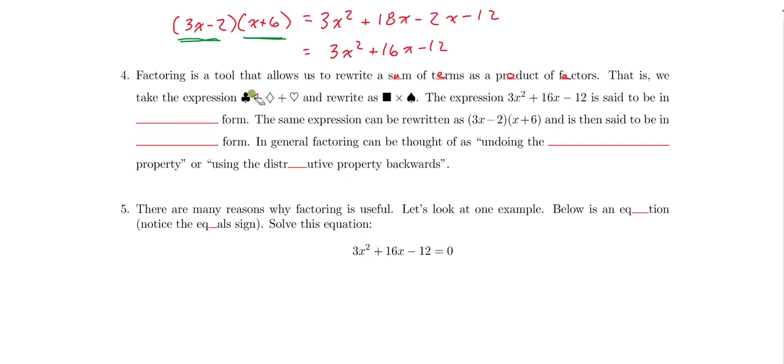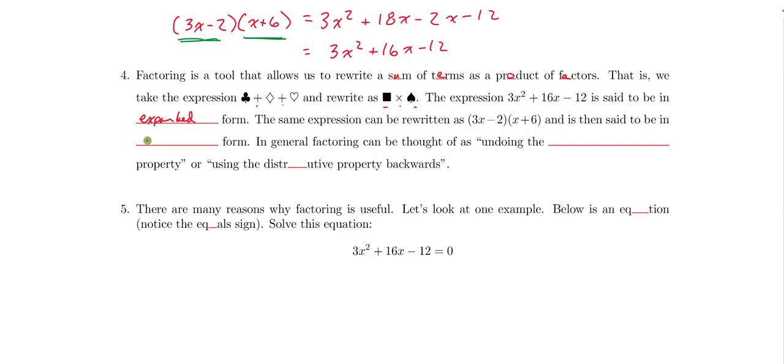That's our goal. Our goal is to take an expression that looks like this. Notice I've stripped away all of the mathematics from this, and you just see that I've got a sum of, in this case, 3 terms, and my goal is to rewrite it as a product of 2 factors. So the expression we were looking at above, 3x squared plus 16x minus 12, is said to be in expanded form. The expression can be written as 3x minus 2 times x plus 6. That's what we just saw here.